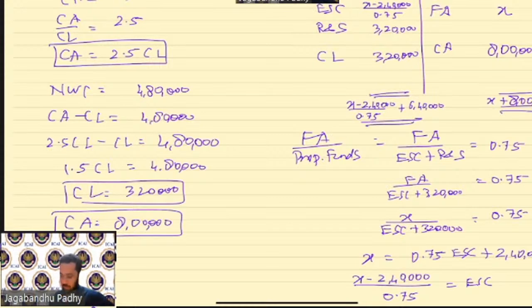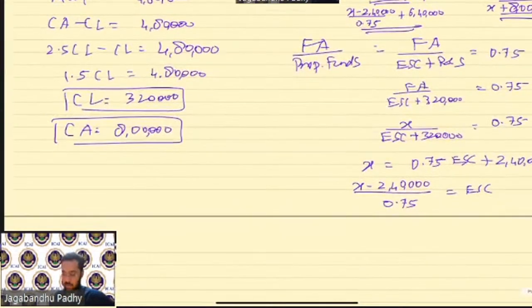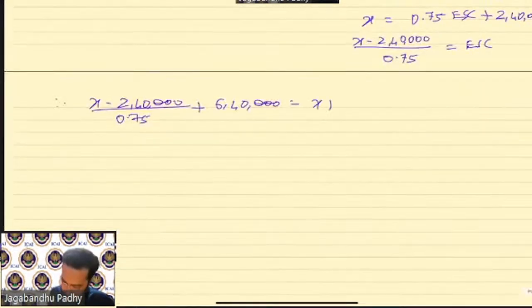These are the two numbers. Ideally they should be equal because assets should be equal to all the liabilities and equity. So we say (x minus 2,40,000) divided by 0.75 plus 6,40,000 should be equal to x plus 8 lakh.